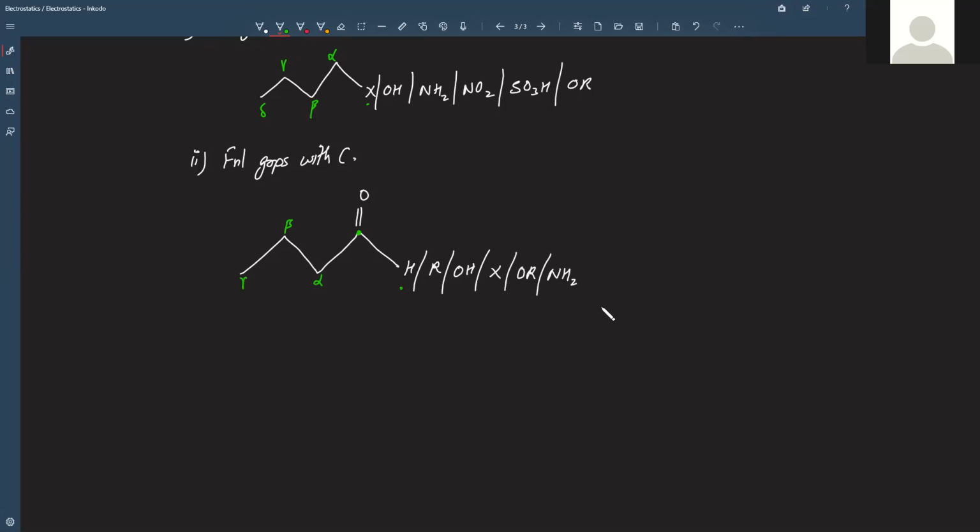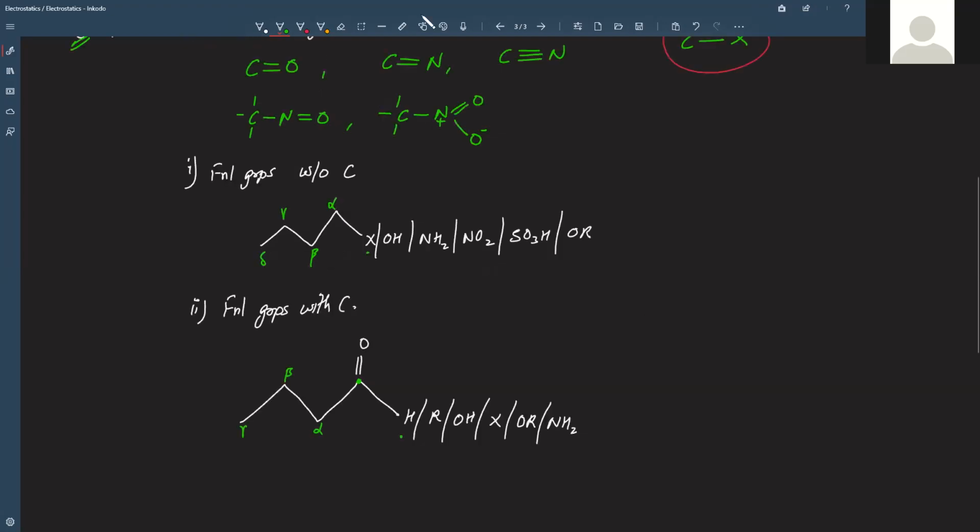So this is what I wanted you to know, that is how to identify the alpha position in different compounds, that is, functional group without carbon and functional group with carbon. If it is without carbon, the first carbon is alpha.